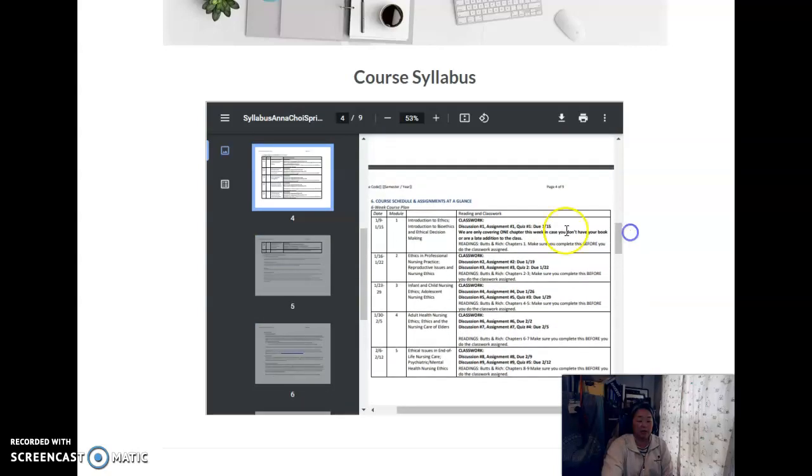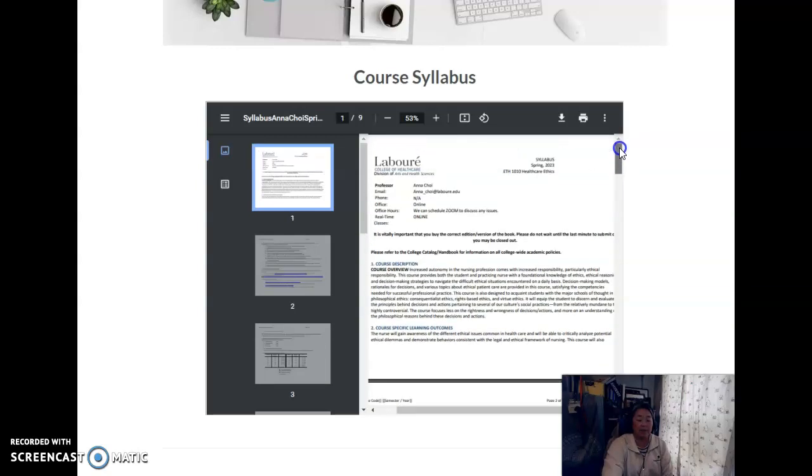This is probably the most important thing that you need to look at, the course schedule and assignments at a glance. But please, by all means, definitely take a look at the syllabus first.